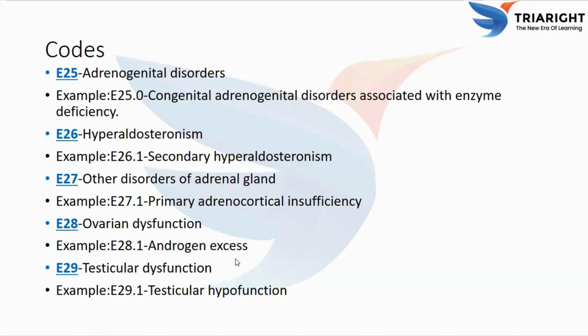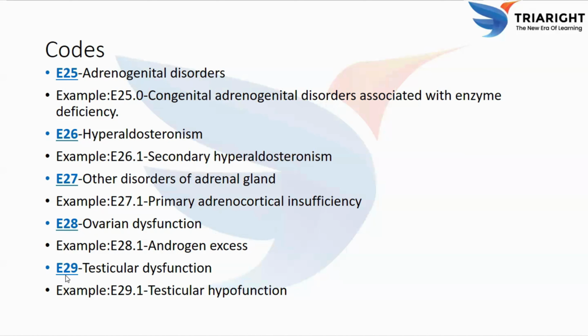What is PCOD? It's polycystic ovary syndrome. Due to PCOD, you can see side effects like irregular periods, acne, and excess hair growth mainly on the face. So whenever ovarian dysfunction is diagnosed, just assign the code E28.